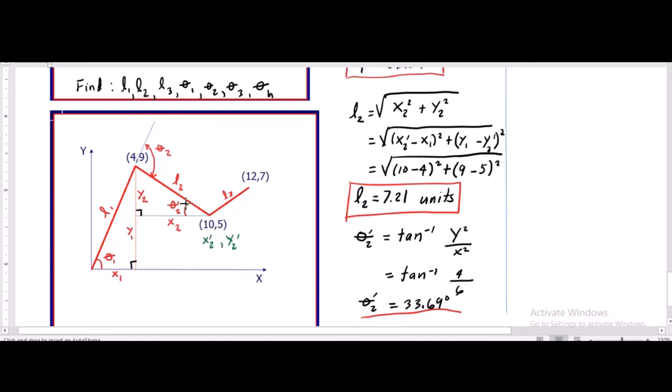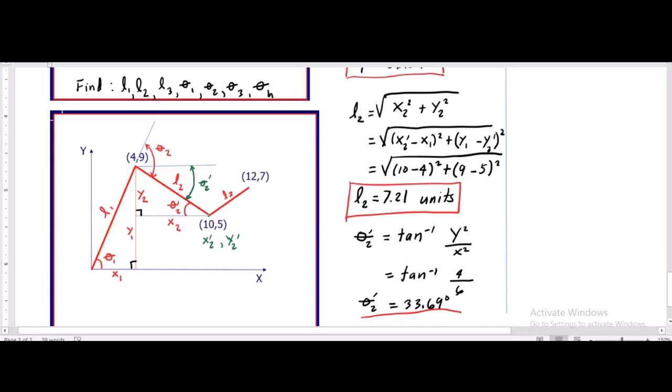Since this is theta 2 prime, if we project a horizontal line here, if this is theta 2, we can see also on one side, this one is also theta 2 prime.